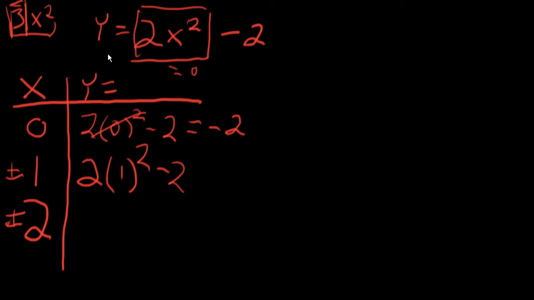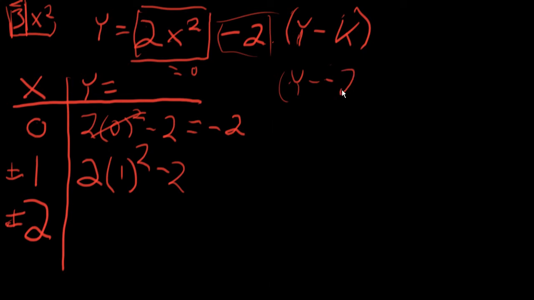So, in the sense of what would set y to 0, this would do it. And that's if you had it in the form of y minus k, which because k in this case is a negative 2, that's y minus a negative 2, which is typically written as y plus 2.